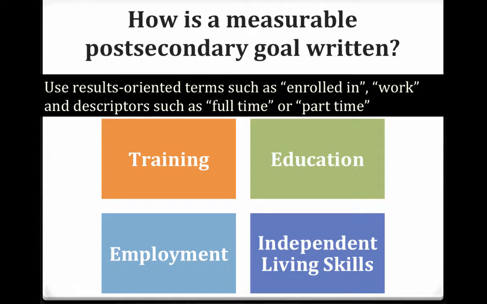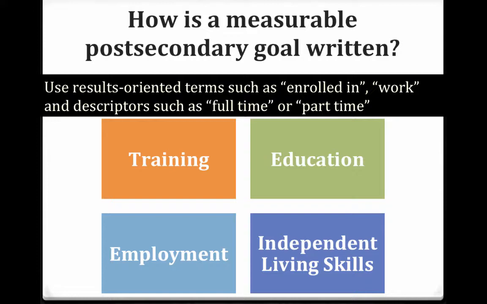We want to be able to make sure that we use results-oriented terms when we're creating both our vision and our goal statements. Enrolled in, worked in, working full-time, working part-time. We want it to be measurable.